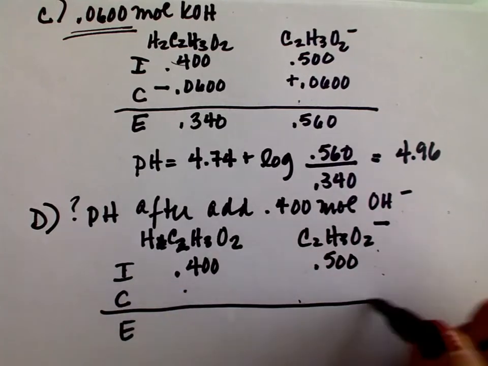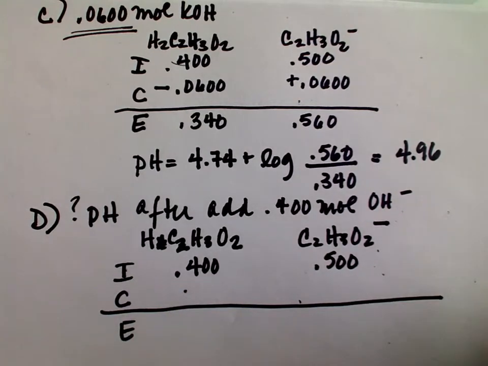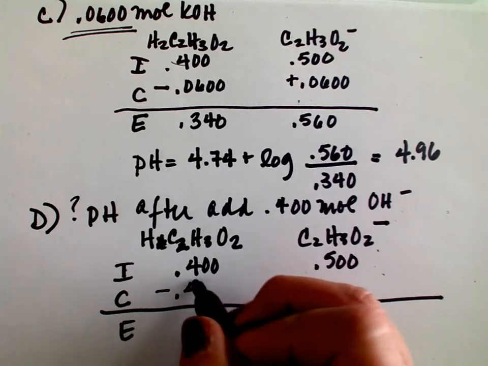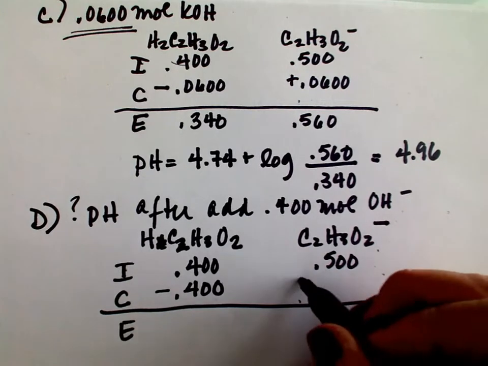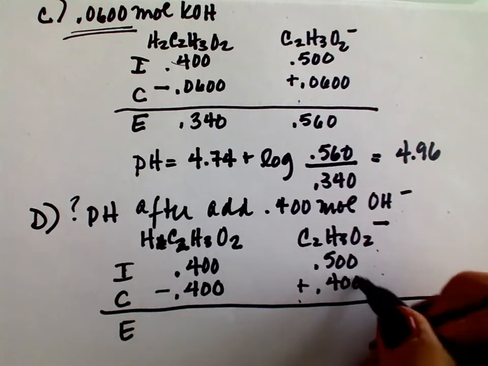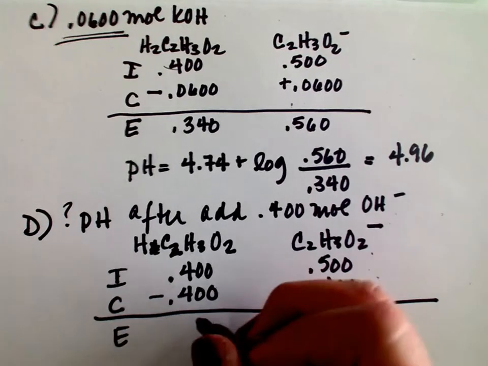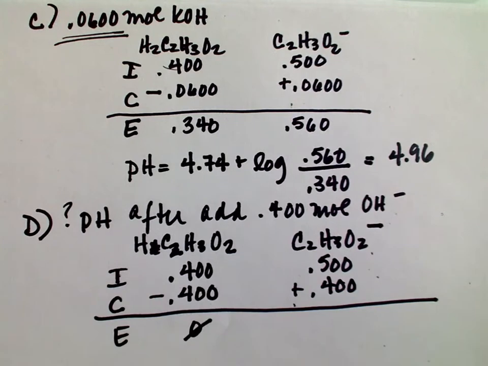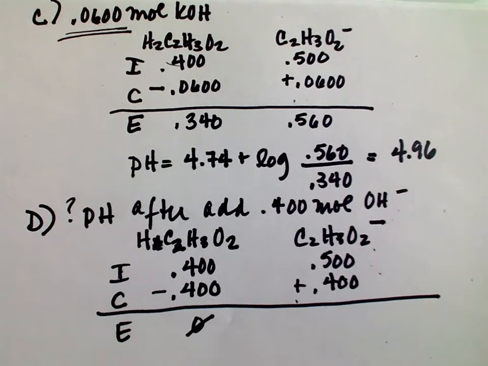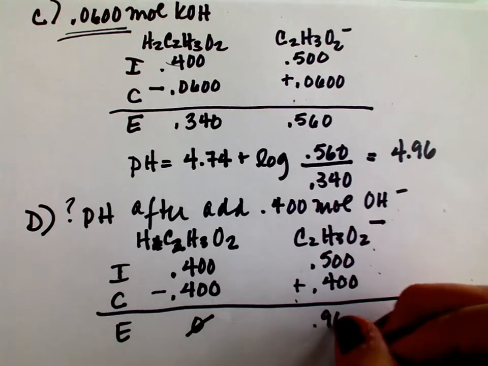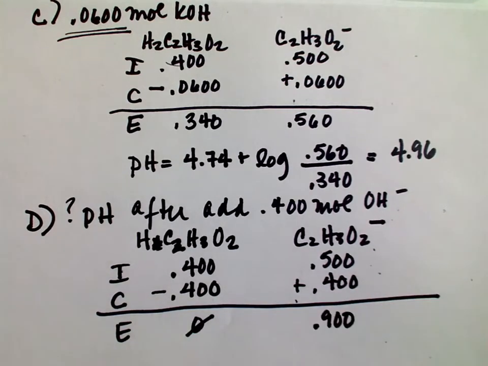And when we add 0.400 moles to that liter of solution, we are going to use up all of that weak acid. All of it is required to neutralize that hydroxide ion. So we have 0 acid left. So we no longer have a buffer system. And we have 0.900 molar acetate.